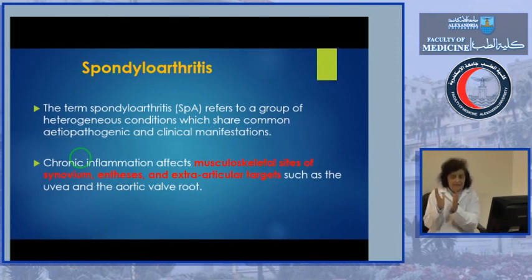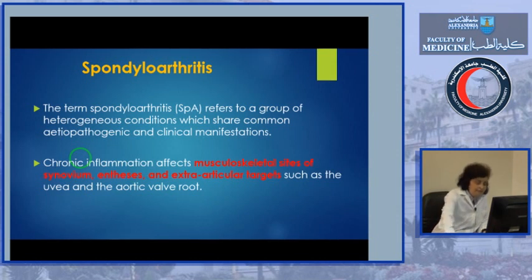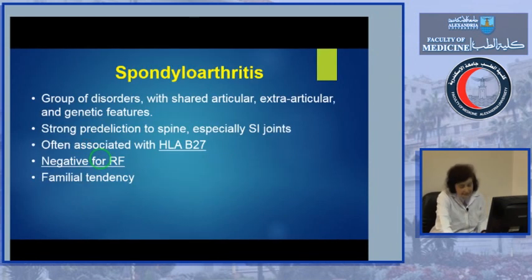But what brings these diseases together is that there is chronic inflammation in multiple sites. The most important musculoskeletal sites are the synovium, synovitis, enthesitis, and the extra-articular targets. Also, this group of diseases has a strong predilection for the sacroiliac spines.